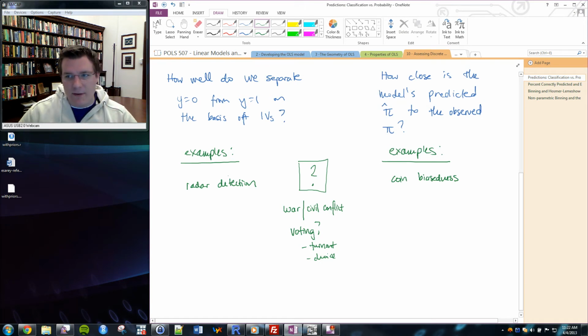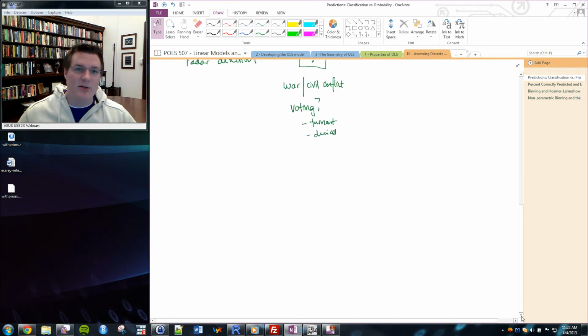So the first thing to say is these are really two different ways of thinking about how well a model fits data. And one thing I hope that you take away from this discussion is that, first of all, they are different. Secondly, they're different in theoretical ways.